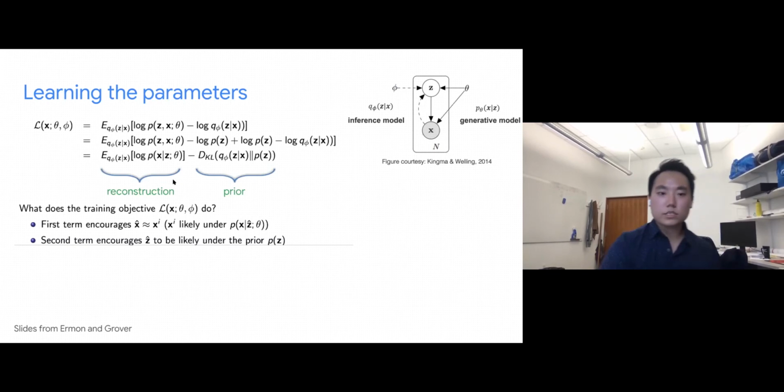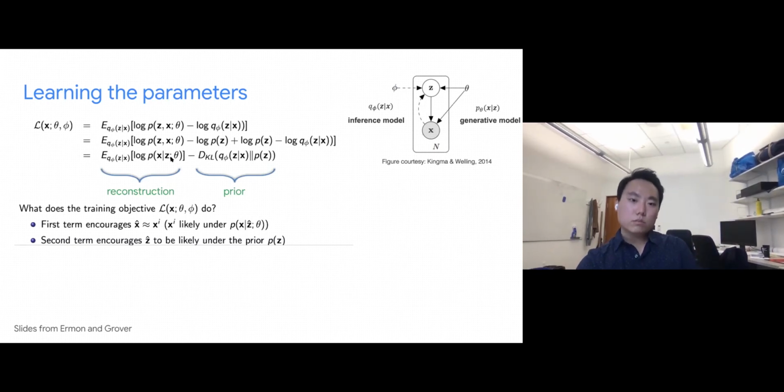So the first term is actually a reconstruction term. Why is that? Let's first look at each of these terms in more detail. P of X given Z essentially takes in Z, with some parameters theta. In practice, these are neural network parameters theta. And it transforms Z into your data X. This is your generator, the generative model.